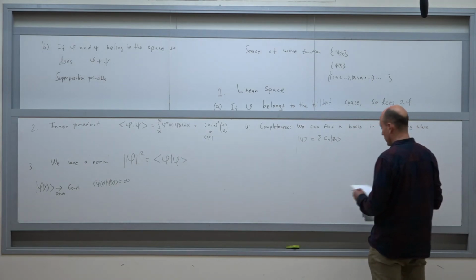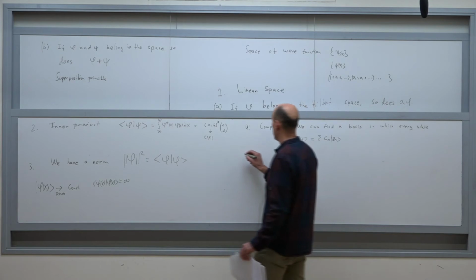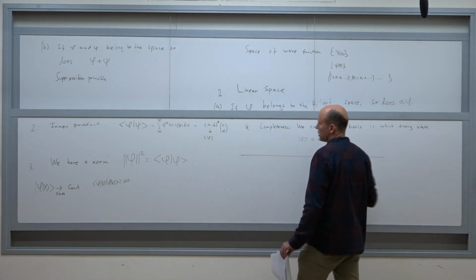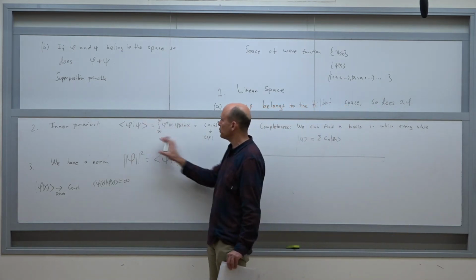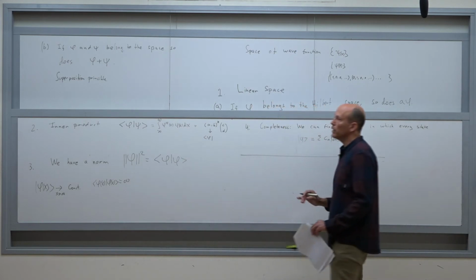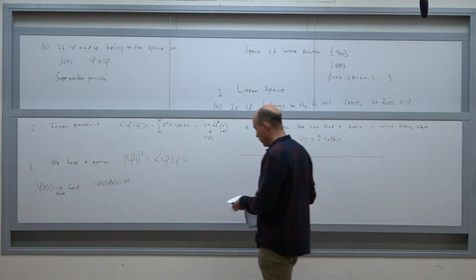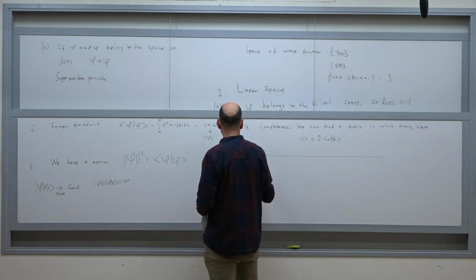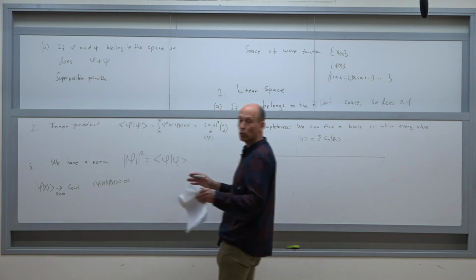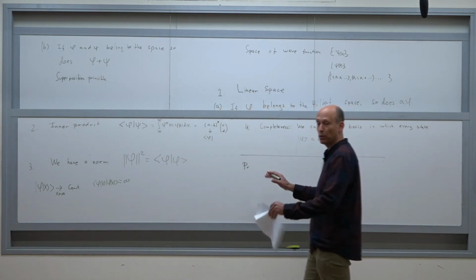Now we can give an example that already follows from this definition of the inner product. Now we can start building some simple math. This is a property already. If you want, I can prove this, but I won't call it a theorem because it's so trivial. So it's a property.